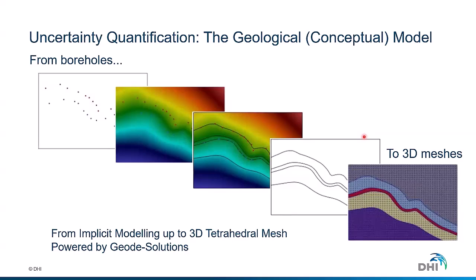The workflow that we have been developing together with our partners, GOD Solutions, is the possibility to implement the implicit modeling workflow within FEFLOW. What exactly does it mean? The user comes with a set of boreholes or points which define certain geological contacts. Here, for simplicity, there is only a 2D model, but obviously this workflow is in 3D. So we have the points.